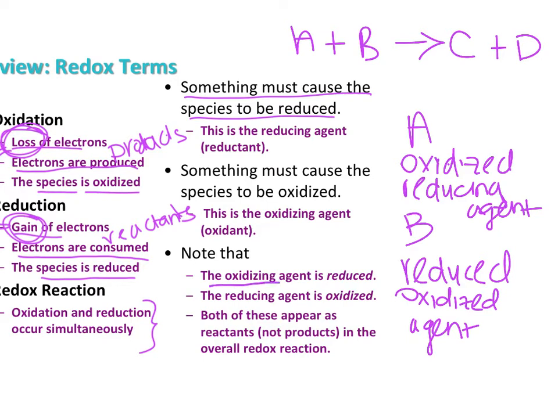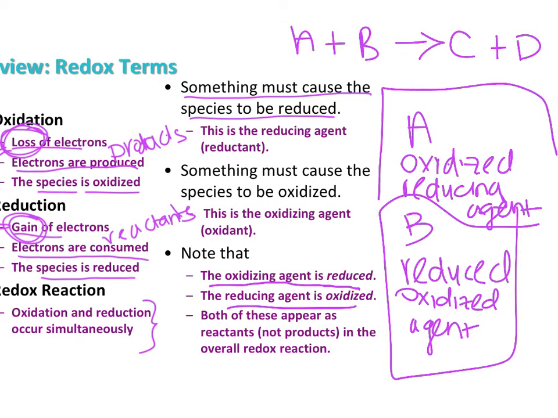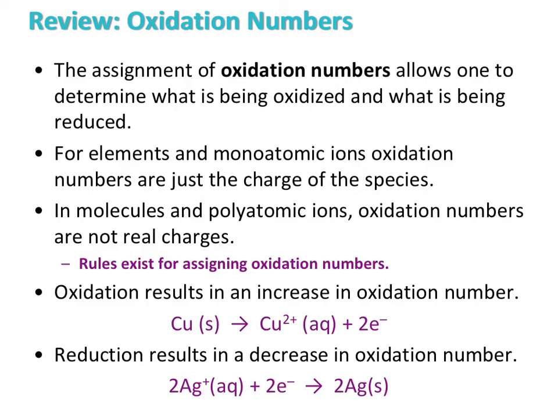So the oxidizing agent was reduced, as I said here for B, and the reducing agent is oxidized, as I stated for A. Okay, so we're good with those terms. I know it's a lot of terms, but that's why we're reviewing them.